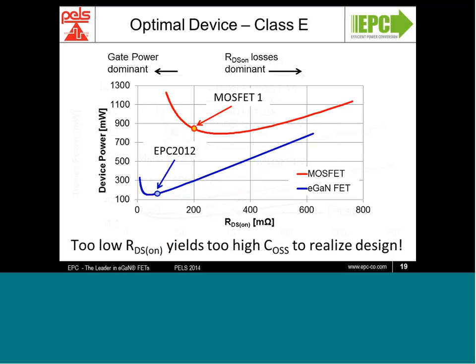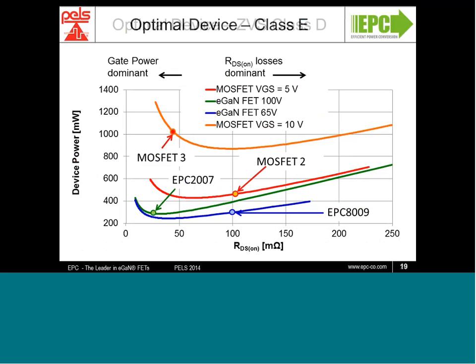Let's have a look at the optimal device for the zero voltage switching class D. Here we compared the two technologies again with 4 devices. The EPC 8009 is a 65 volt device, and the EPC 2007 and the other 2 MOSFETs are all 100 volt devices. You can see the impact of the change in the logic level gate to a standard gate from 5 volt to 10 volt, how much it impacts the losses for the device.